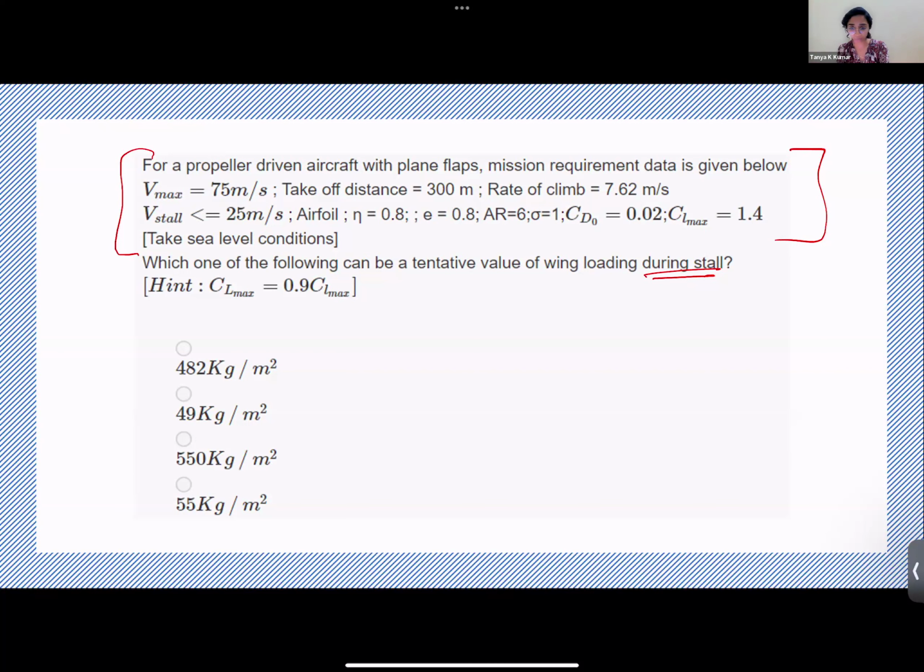Okay, tell me how to proceed. They've asked you to find the tentative value of wing loading during stall. How do we proceed? How do we start? What equation comes to your mind when we say stall and wing loading?